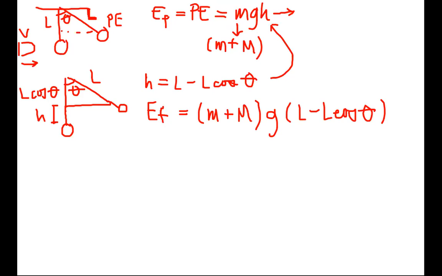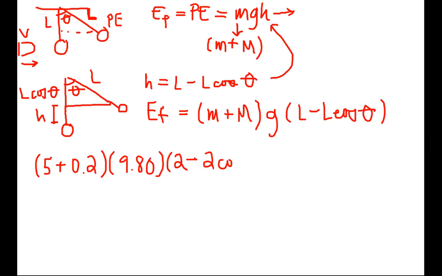Now, if we plug in our variables, we know that big M is equal to 5, little m is equal to 0.2, gravity is equal to 9.80, length is equal to 2, and theta is equal to 40 degrees.